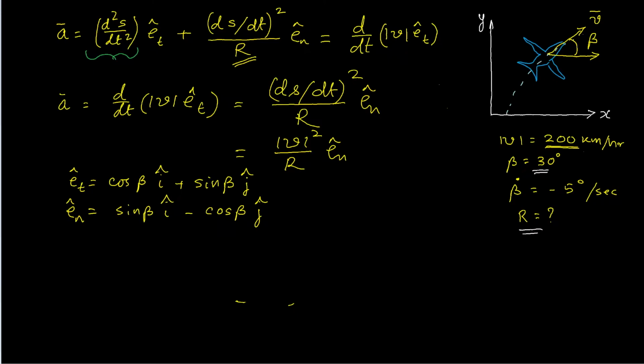Now, these equations are valid at this particular instant, and if we consider beta to be a function of time, and I'm writing it explicitly here just to make it clear that these betas are functions of time, that's why we can differentiate them to get the time rate of change of et and en as such.